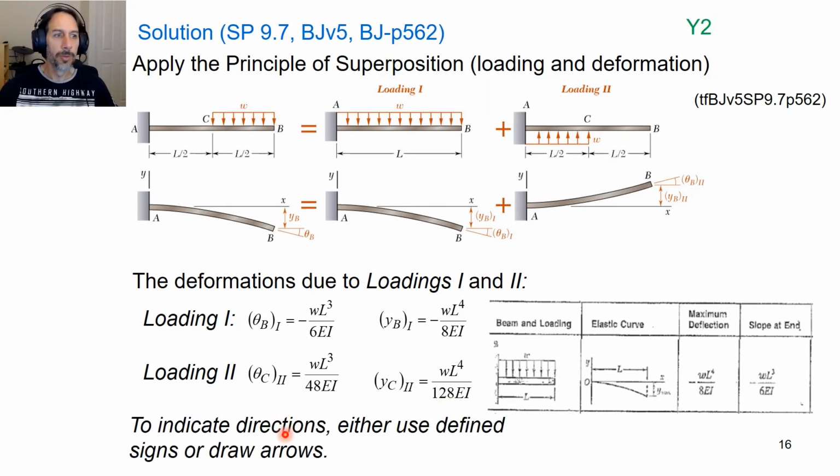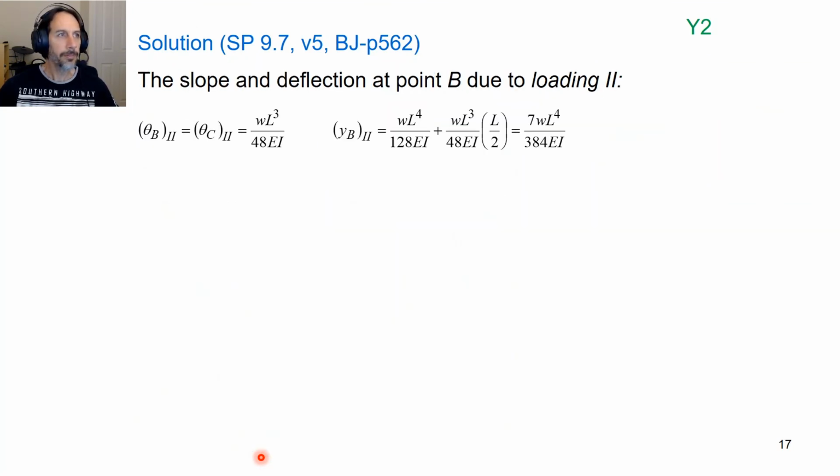When we're doing these problems, you can indicate the directions either by using the signs as given in the formulae, or you can just draw arrows and follow those arrows as you work through the problem. Now looking at point B, which is at the end, the slope at the end of the beam will be equal to the slope at point C for loading 2, because we've just got that.